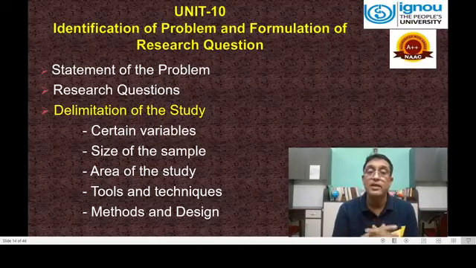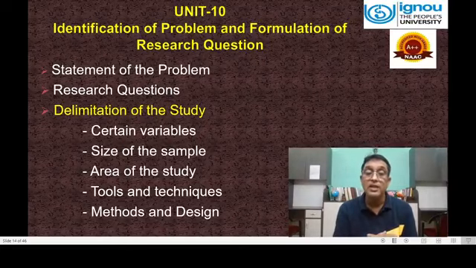For measuring the attitude of the teachers or the attitude of the students, you can also use an attitude scale. So many tools can be used for collecting data, but here you have to delimit and bring a limitation on what different tools you will be using, which are very practical for collecting the data. So that you have to do.